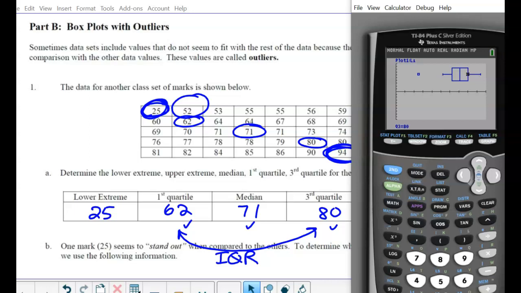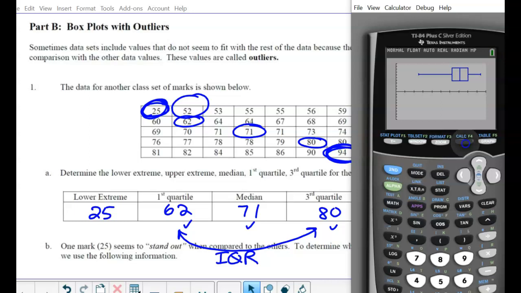Okay, now if we did the other type of stat plot that looks like a box and whisker, so enter on that, cursor, and the second one, now grab that. That's the one that doesn't identify the outlier.